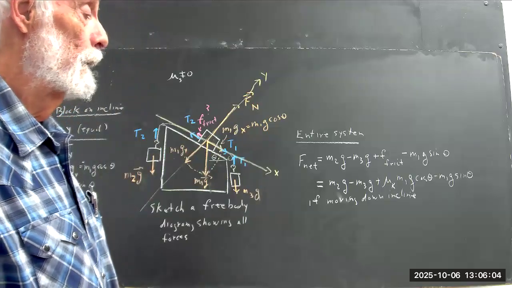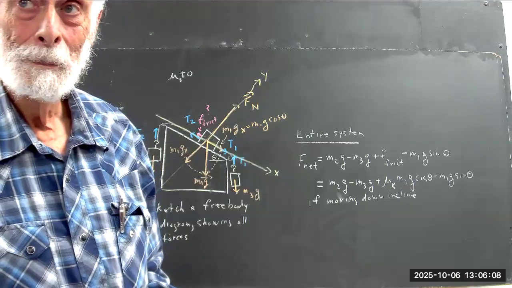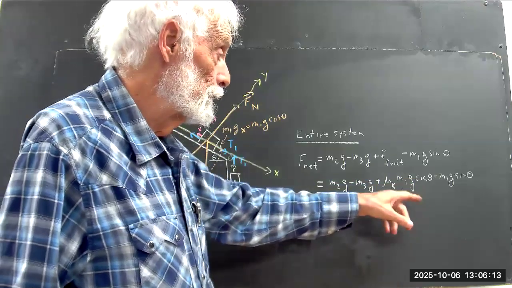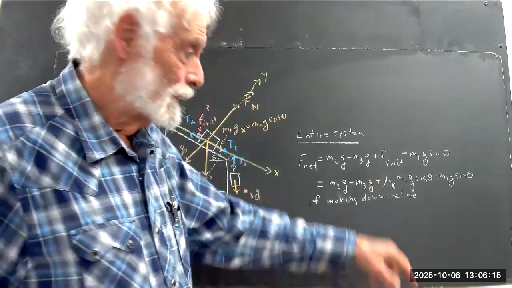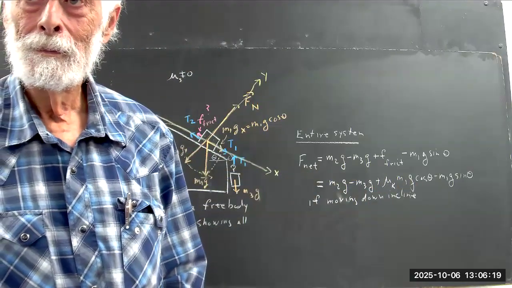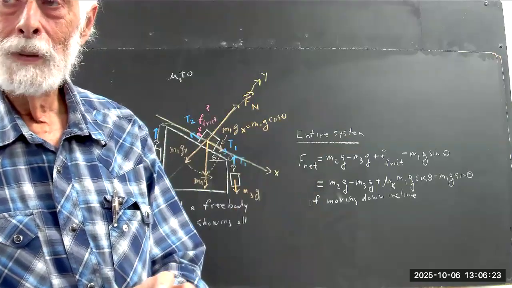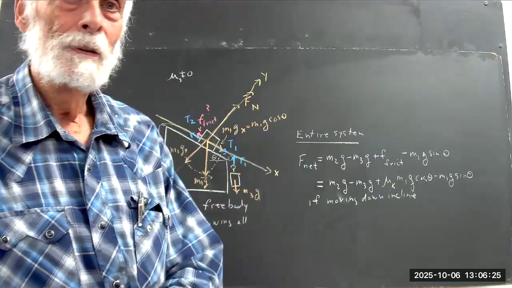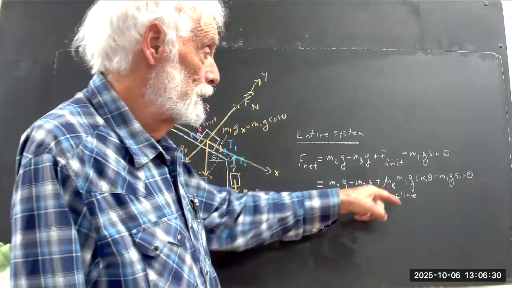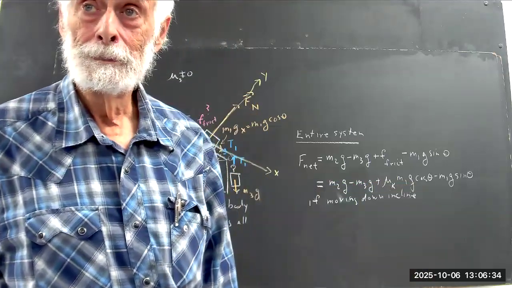If you don't know whether it's static or not, then you figure all these forces out and figure if the static friction is enough to keep them balanced. In other words, if you know it's stationary, start with the assumption it's static, but test it, make sure that the static friction that you get is sufficient to balance all the rest of the forces.